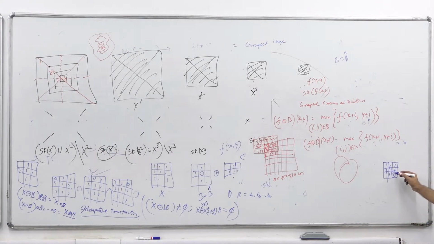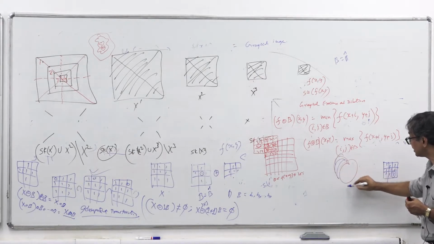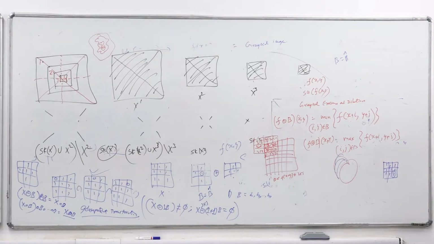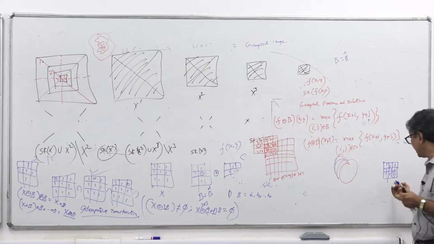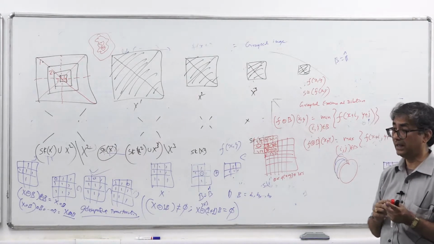When I choose an origin at this corner, it gets dilated only in this direction. Nothing will happen in this direction. So conditional dilations we can perform by changing the characteristic information of your B.